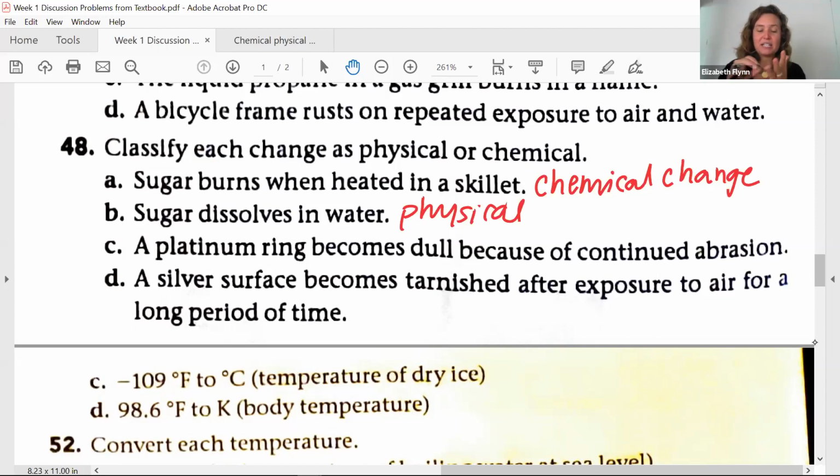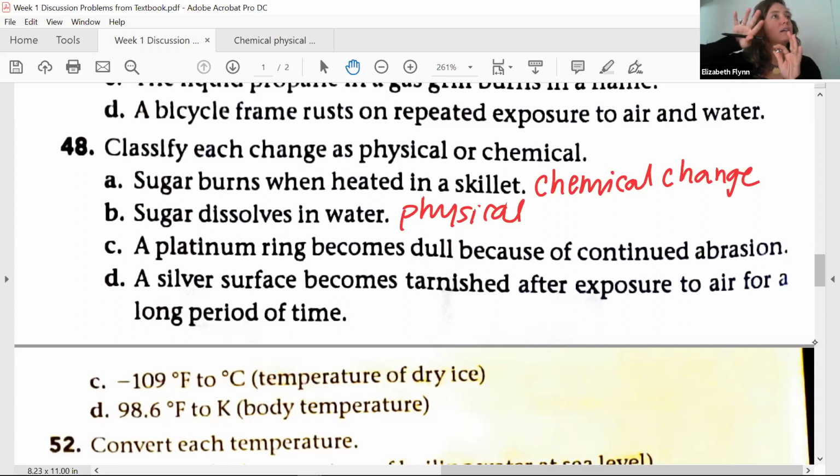So continued abrasion. So if I rub my ring, say I rub it on sandpaper, think of it this way, think of that extreme example. If you're rubbing your ring on sandpaper, so continued abrasion. A platinum ring becomes dull because of continued abrasion. So I'm rubbing this ring, right? It's getting little nicks, it's becoming dull, right? I'm rubbing it on sandpaper. For an even more extreme example, is that platinum, is that metal chemically changing into something else, or is it just getting rubbed off?